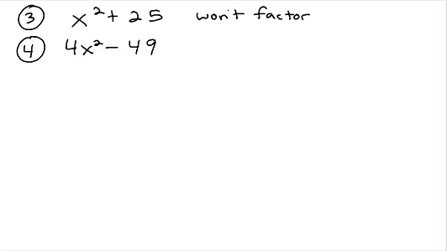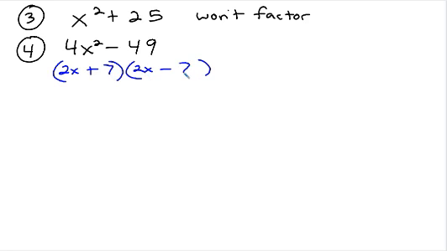They're both perfect squares, so my first step is to set up my two sets of parentheses. I know that I'm going to have a plus and a minus, and then I just think, what is the square root of 4x squared? 2x. So I put that 2x there and there, and I put the 7 here and here. Easy enough? All right? So the process is always the same.